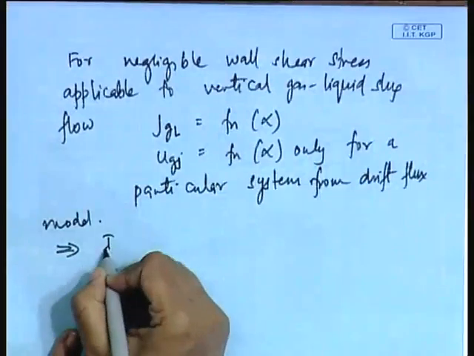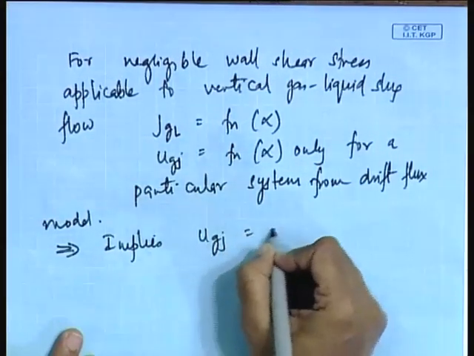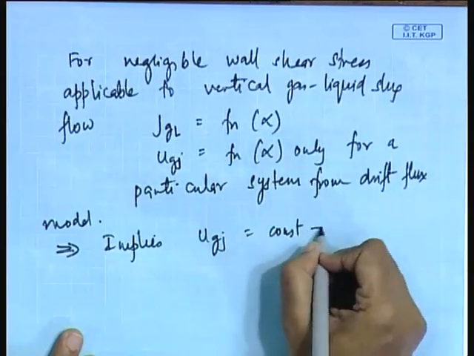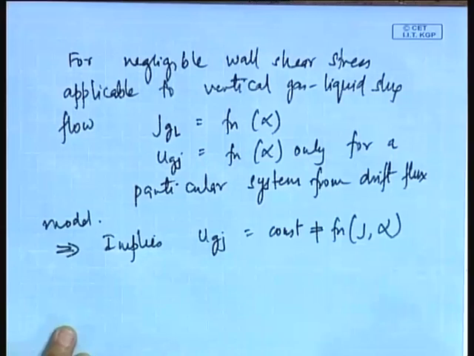Since the slug flow model and the drift flux model contradict each other, it simply implies that UGJ equals a constant. It is not a function of either J or alpha. Only under that condition can the entire thing be applicable.